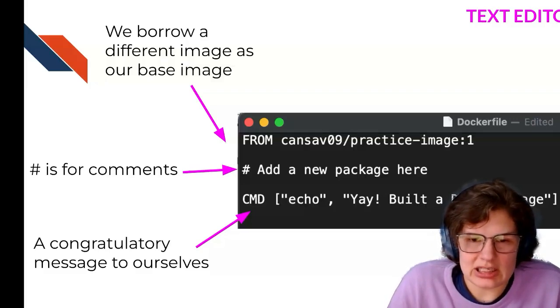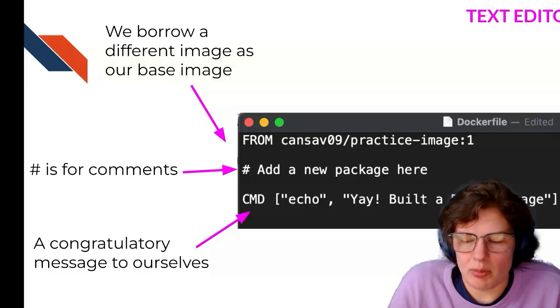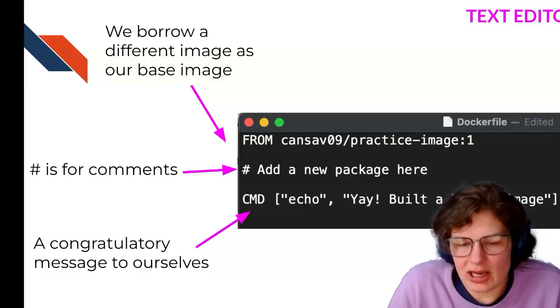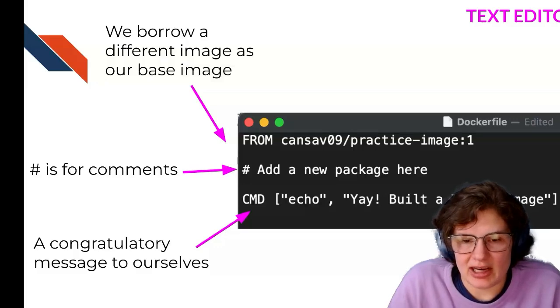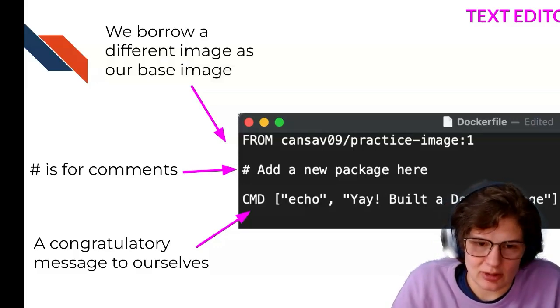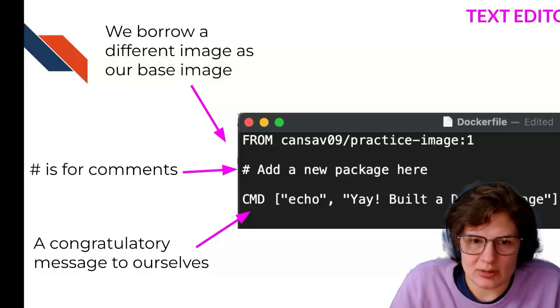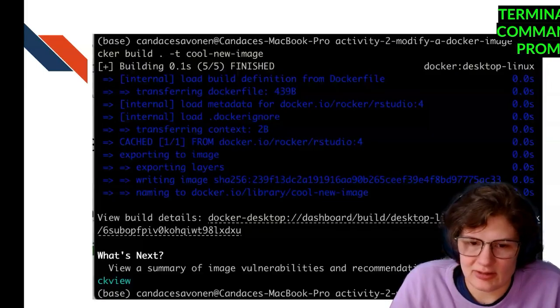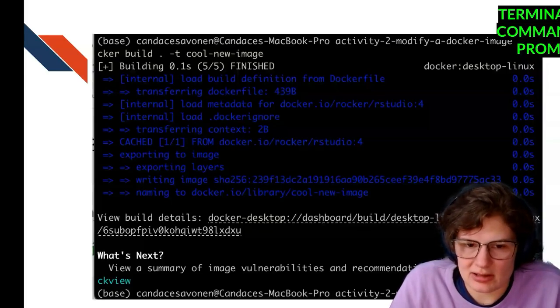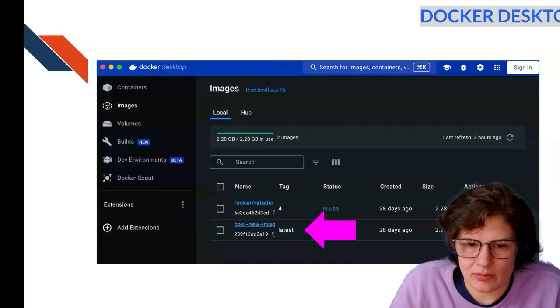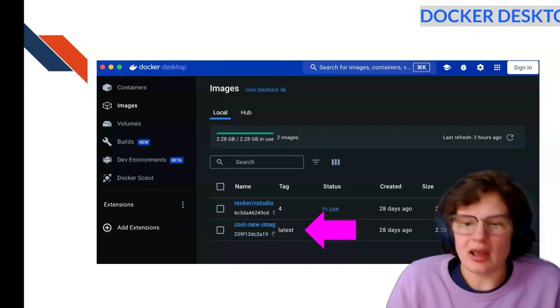So what this one is going to do is, when we build this image, and then after we build it, if we run it, it's going to print out that message for us. So this is what it'll look like when you build it in the activity. So follow along with the activity instructions. And then you should be able to see in Docker Desktop, or if you do docker image ls, sorry, then you should see something like this that'll say cool new image, because that's what we called it.